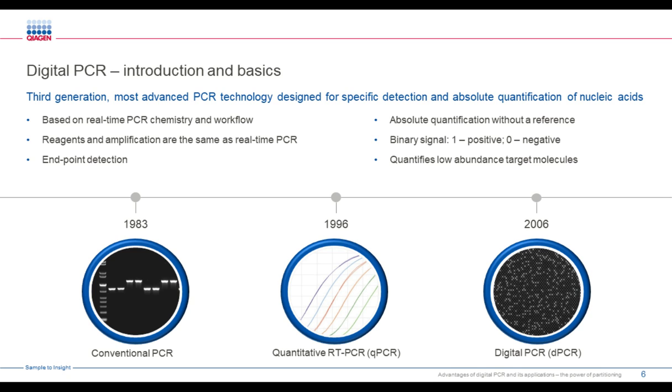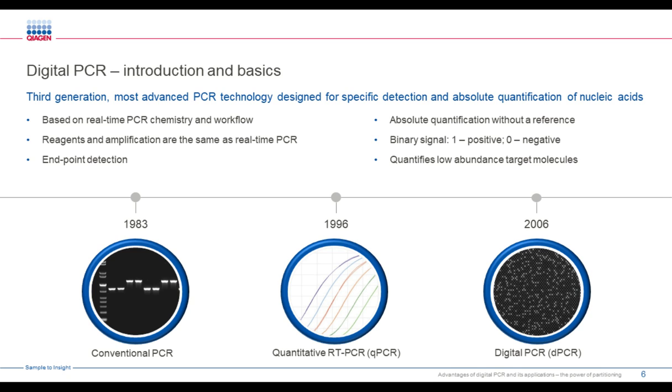So, what is digital PCR? It's considered by some as the third generation of PCR. So what does that mean? Well, if we go back to 1983 when Mullis invented PCR, we created primers and an amplicon.